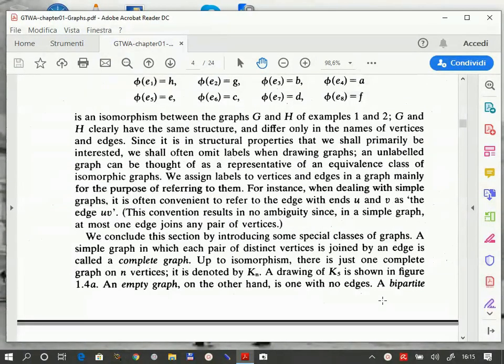This is the current notation: K sub n means the complete graph on n vertices. An empty graph is one which has some vertices but does not have any edges. So it does not mean nothing. It means there are some vertices but no edges. This is an empty graph.